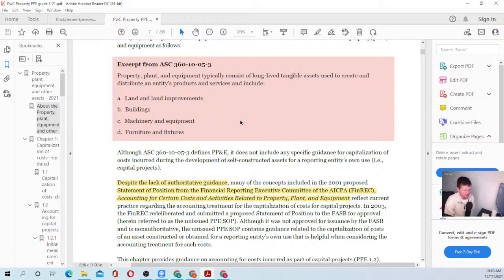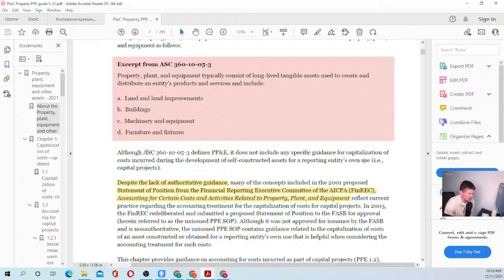And it's interesting that the PP&E accounting standard, which is Accounting Standards Codification 360, doesn't include any specific guidance for capitalization of costs incurred during the development of self-constructed assets for a reporting entity's own use.